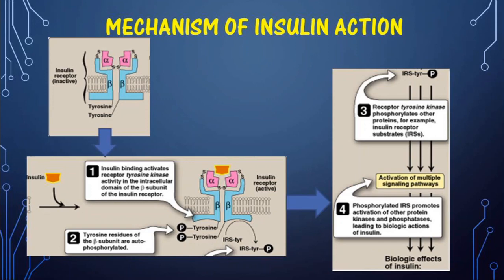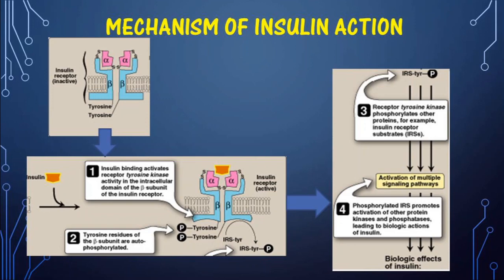So there is autophosphorylation of tyrosine, and IRS is nothing but insulin receptor substrates, which also has a tyrosine, which gets phosphorylated. So the receptor tyrosine kinase further phosphorylates other proteins, for example IRS, and this leads to the activation of multiple signaling pathways.